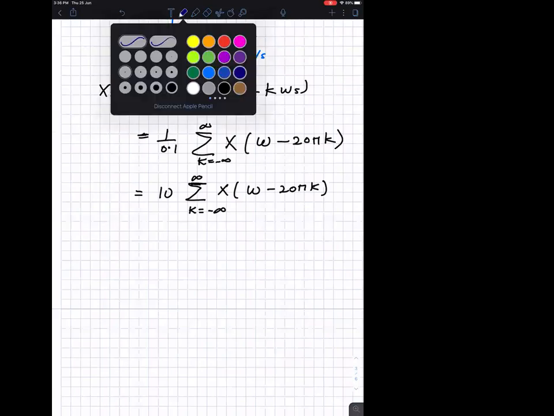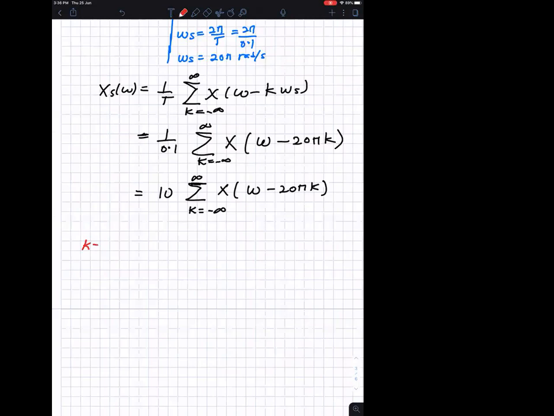So when k is equal to 0, I'm going to put this in different colors so maybe you can see. When k is equal to 0, X_s(omega) is equal to 10 times X(omega). So what this means, you're going to have a signal. The original signal is centered at 0.